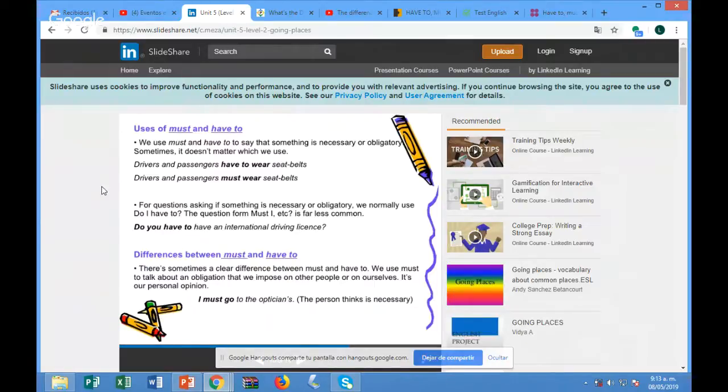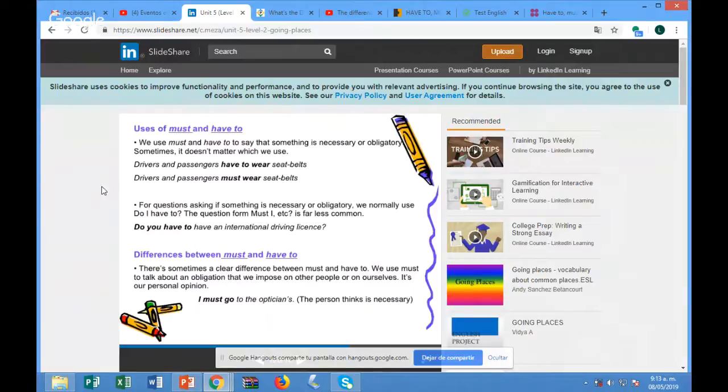Drivers and passengers must wear seatbelts. For questions asking if something is necessary or obligatory, we normally use do I have to? The question form must I, etc. is far less common. Do you have to have an international driving license?